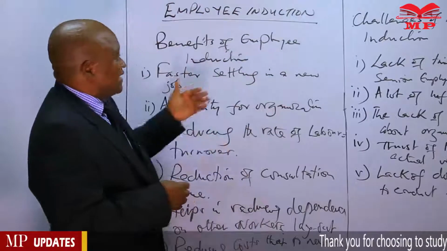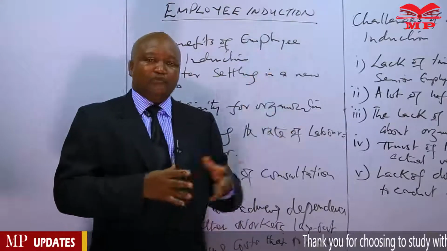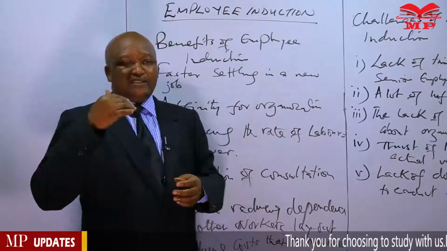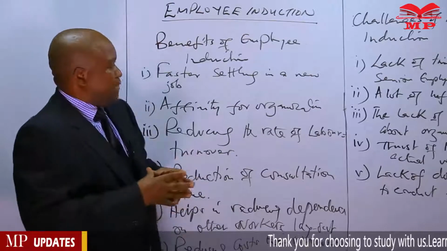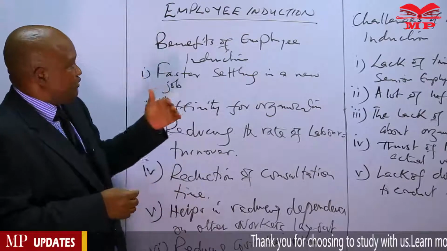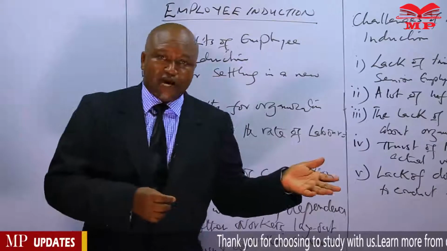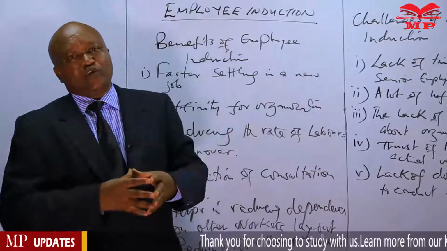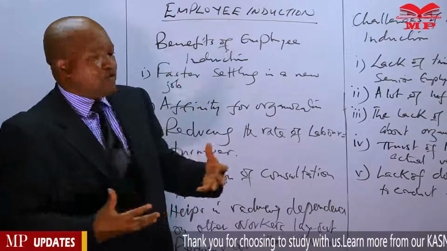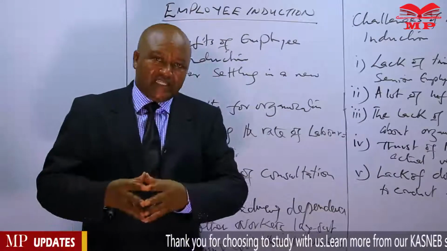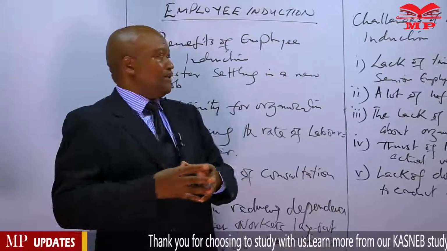This process has areas that employees are supposed to be taken through, and these areas are supposed to be mapped out clearly. There would be benefits through the induction program, where employees can settle down very quickly within their roles in terms of the process. They can also be able to have some affinity and affection towards the organization.